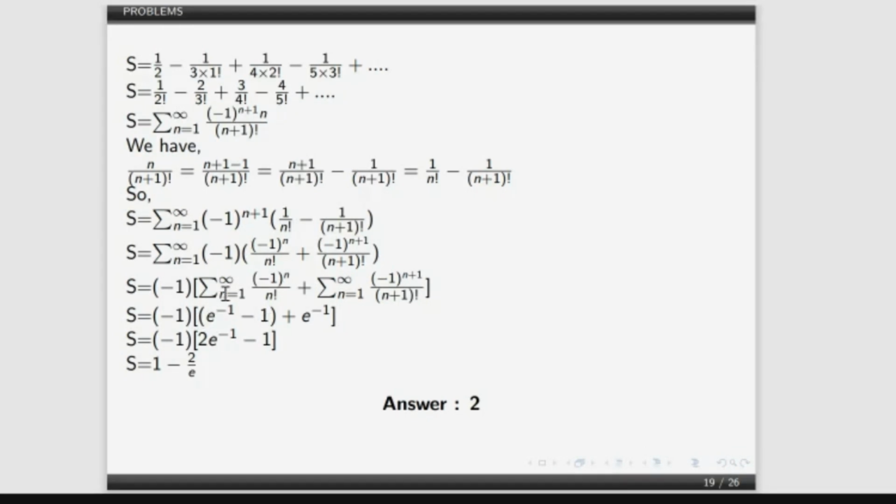So I am taking it as e power minus 1, plus here I am missing 2 terms, but they are both 1, that is 1 minus 1. Then the rest I am finding from 2 onwards. So why have I not included that term here? It is taken directly as e power minus 1. So upon further calculation, we get minus 1 into 2 power minus 1 minus 1. So together, 1 minus 2 by e.